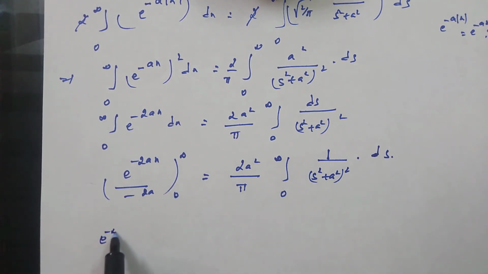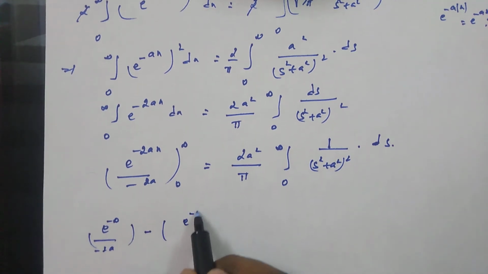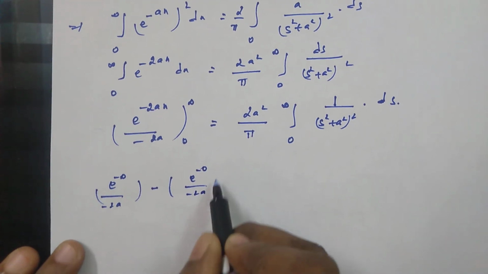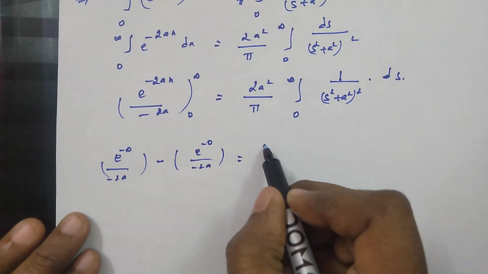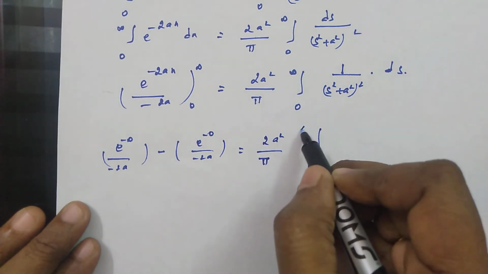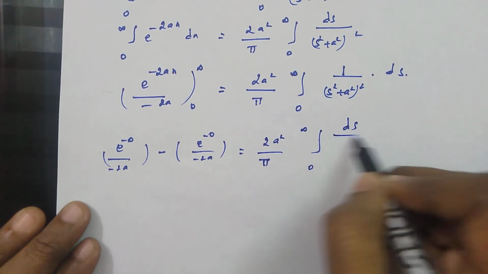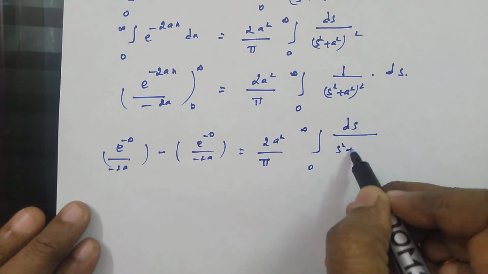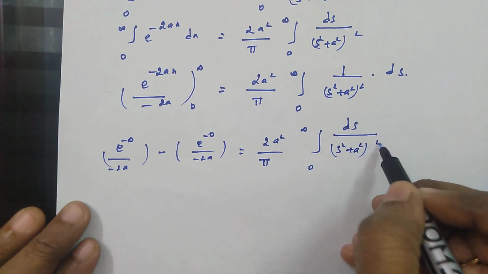So e power minus infinity by minus 2a for the upper limit minus the lower limit, where e power minus 0 by minus 2a, which is equal to 2a square by pi integral 0 to infinity ds by s square plus a square the whole square.